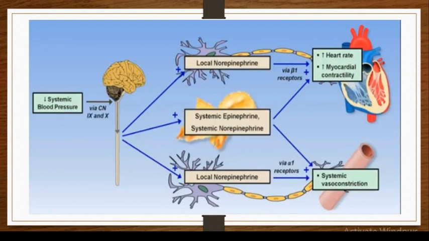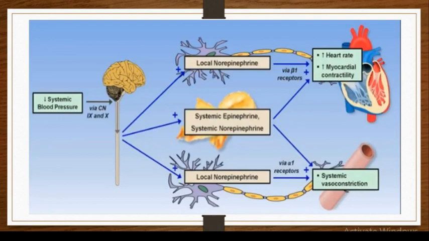And so the rate at which the heart pumps will increase, and also the strength with which the myocardium contracts will increase. They all increase to push blood more strongly out of the heart, thereby increasing cardiac output.